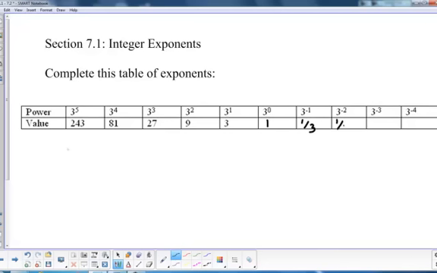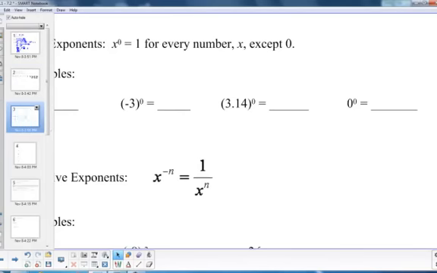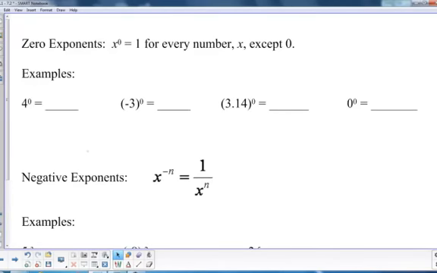And then 1 over 3 squared, which is 1/9. And then 1 over 3 cubed, which is 1/27. And then 1 over 3 to the 4th, which is 1 over 81. And it is better to put these in fraction form than decimal. The decimal would yield a rounding error.